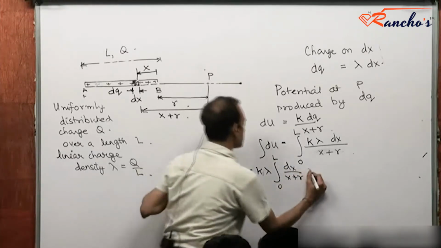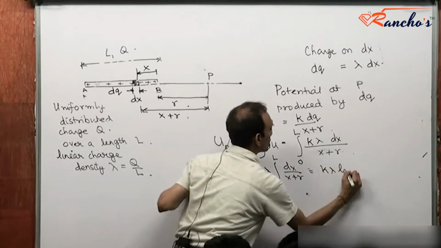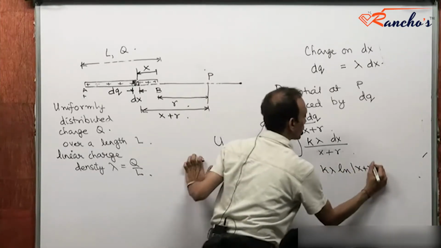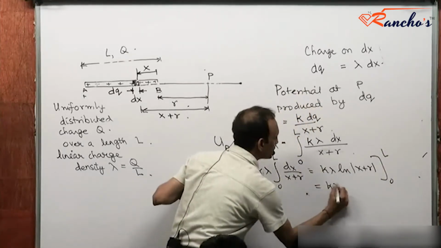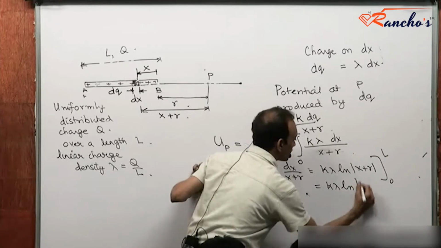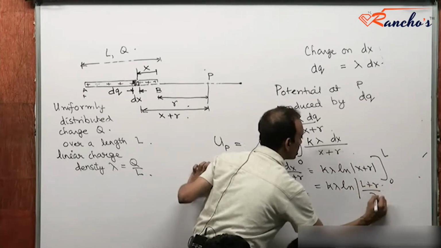This is log mod x plus r. X runs from 0 to L, which is k lambda log of L plus r divided by r.